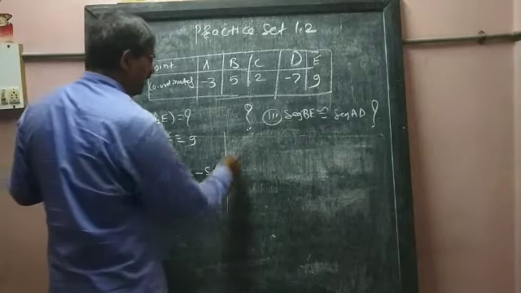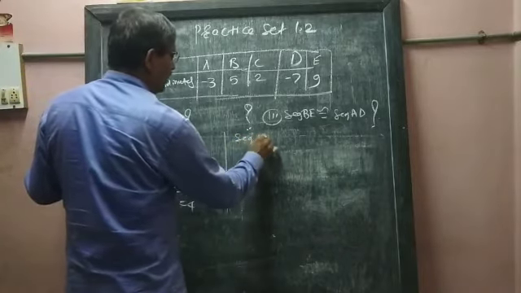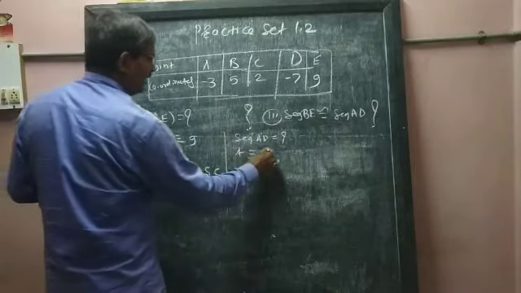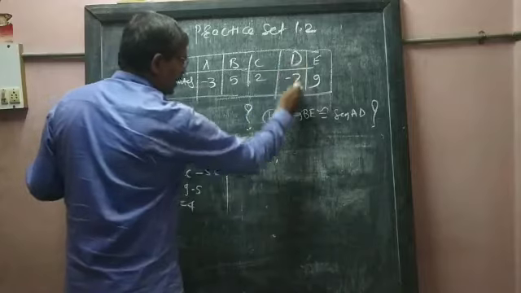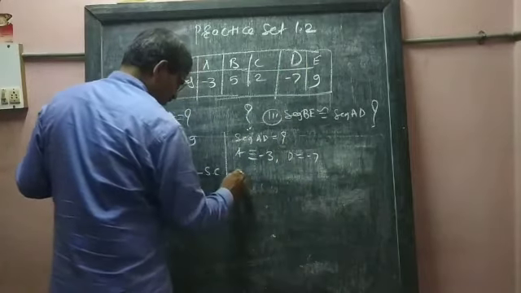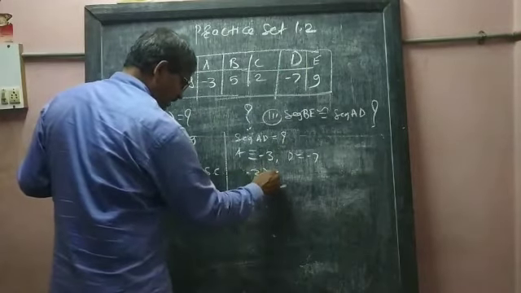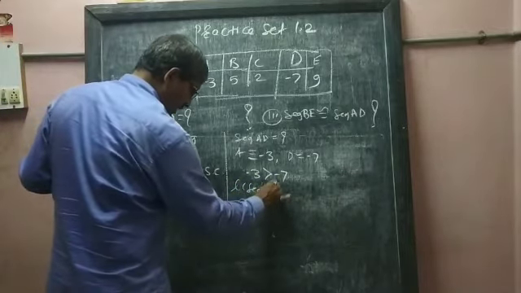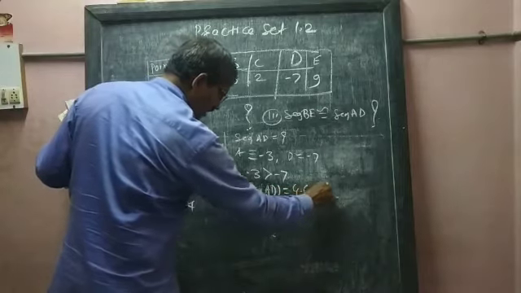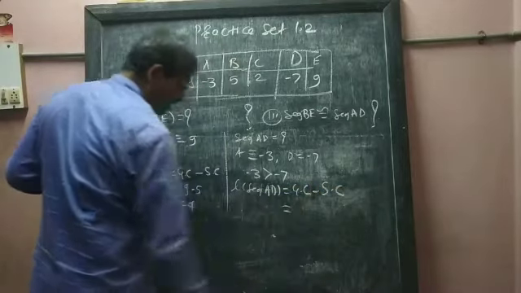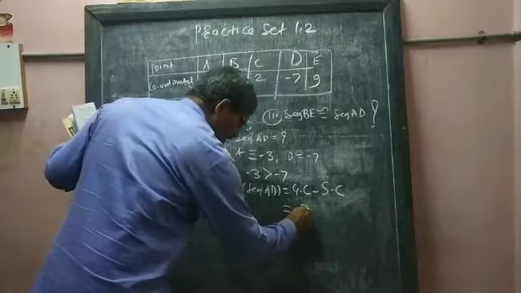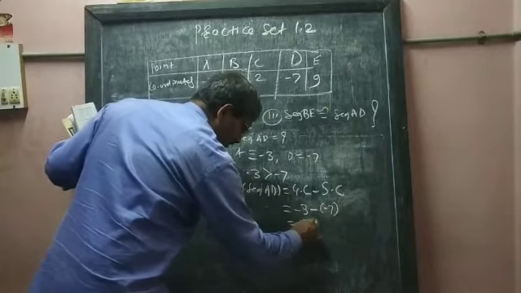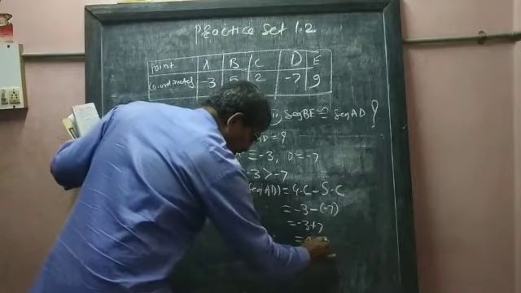Similarly, seg AD is equal to what? Coordinate of A is -3 and coordinate of D is -7. Now -3 is greater than -7. Therefore length of seg AD is equal to greater coordinate minus smaller coordinate, -3 minus (-7), that is -3 plus 7, 4 units.